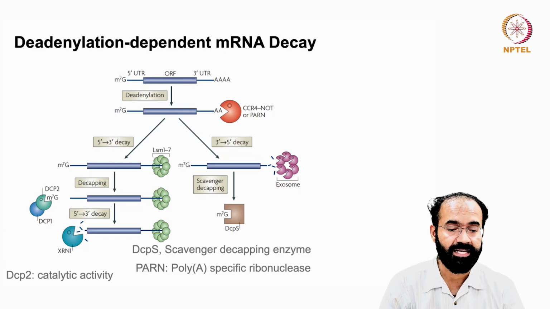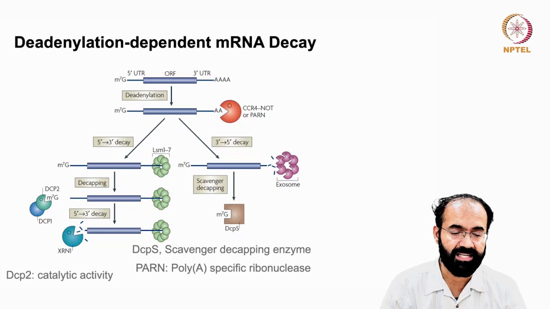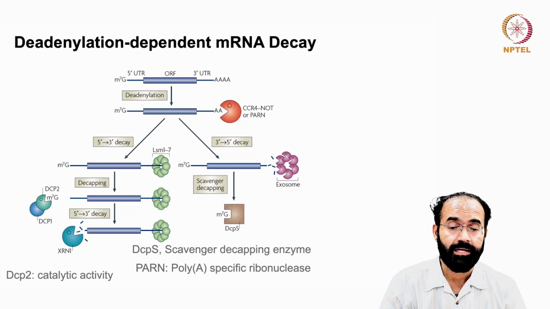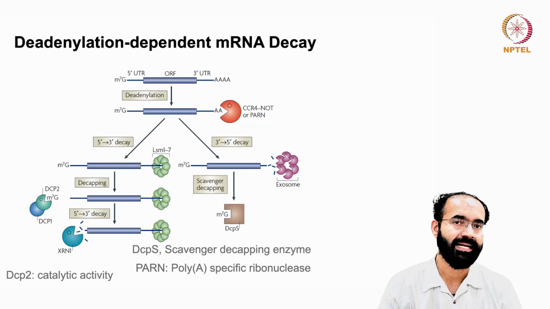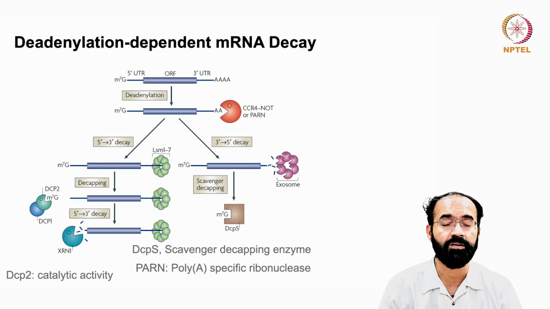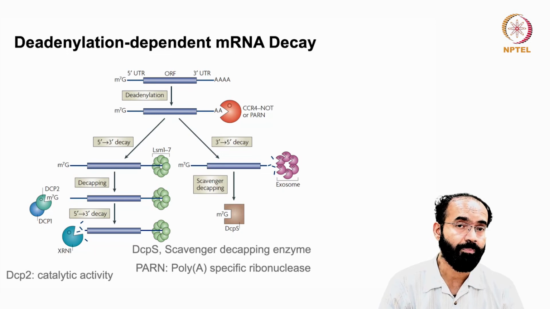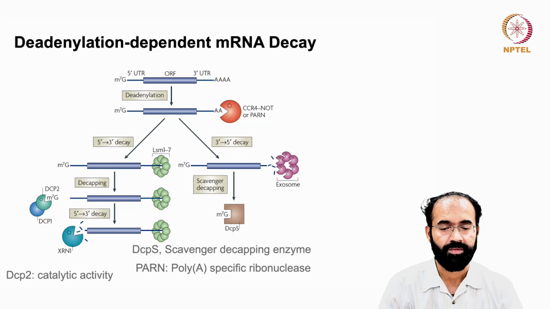Now this will invite a 5' to 3' exonuclease such as XRN1. The names of these enzymes are very important. If you do not understand the names of these enzymes, you will not understand the decay of the RNA. So XRN1 is a 5' to 3' exonuclease.